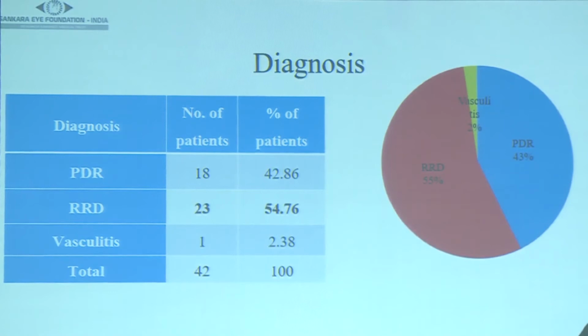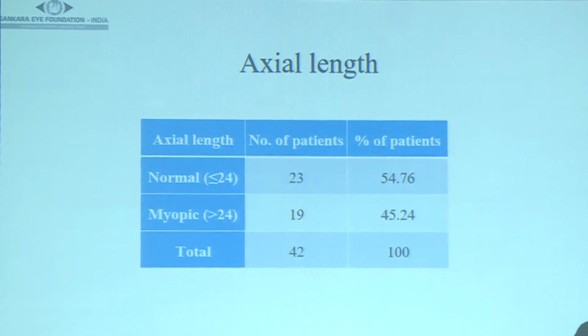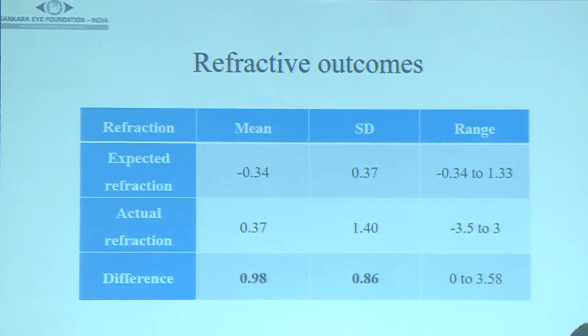Most of the patients were in the group of recombinant retinal detachment. The surgical technique was phacoemulsification in 21, while SICS in 21. The axial length less than 24 was in 23, that is 54%, and more than 24 in 19, that is 45%. The IOL design was foldable in 59% and rigid in 40%.